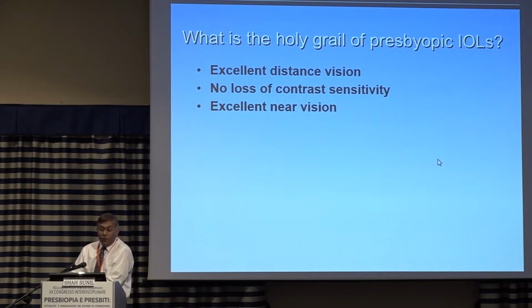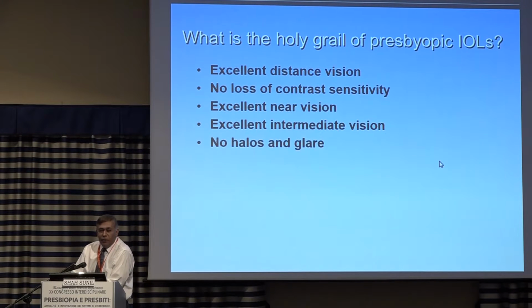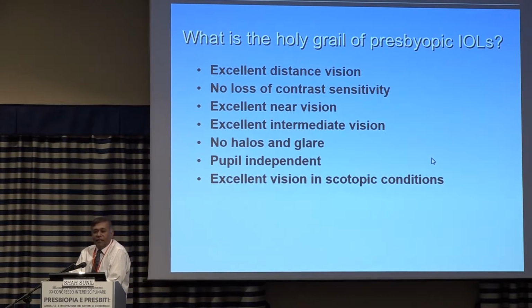So you also want excellent near vision, excellent intermediate vision, because you want everything. You don't want any halos and glare. You don't want it to be dependent on the pupil. And you can't have it not working when it's dark. Of course, all of that is impossible.